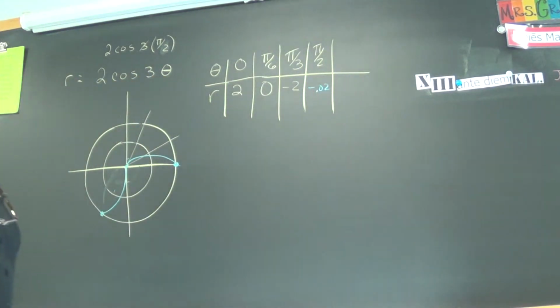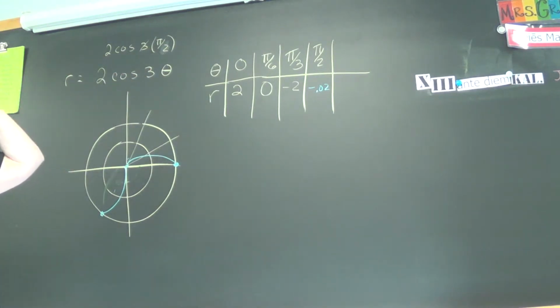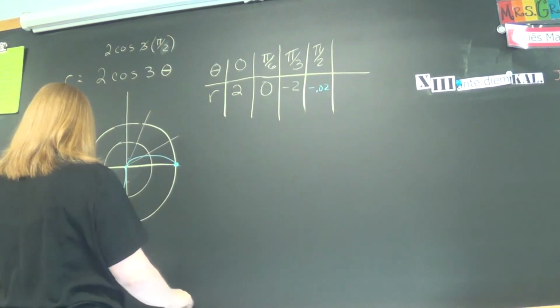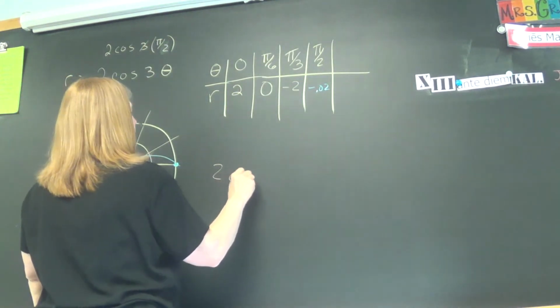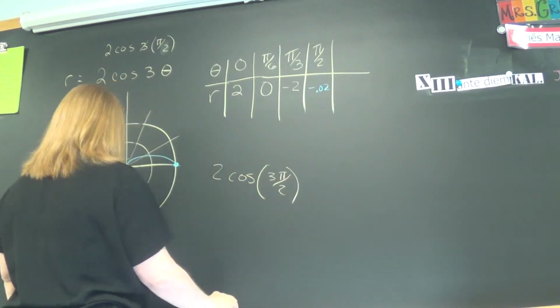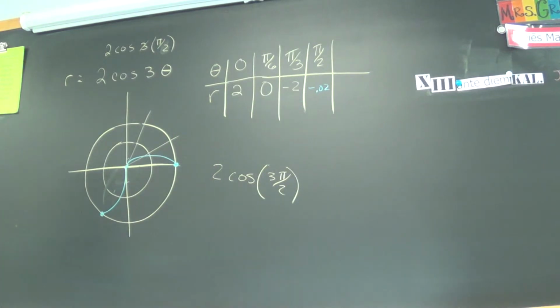Anyone else? Can you check that, Allie? We're doing 2 cosine 3 pi over 2. For cosine 3 pi over 2, I got 0, and then you multiply it by 2 and you get 0. Alright, so what's going on? Did you use parentheses? Yes. 2 cosine 3 pi over 2.